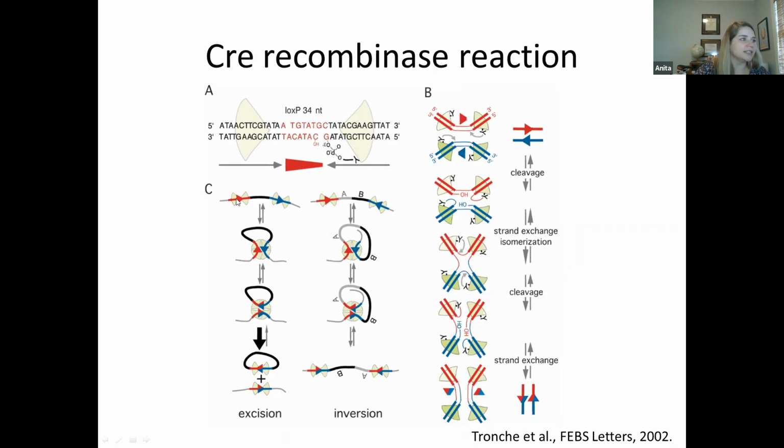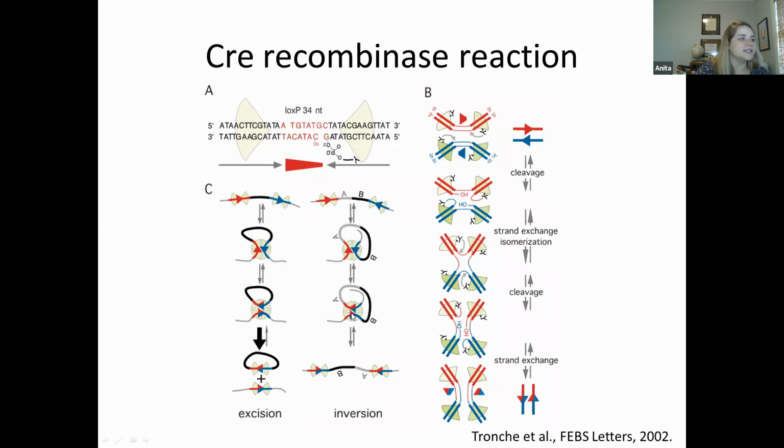So that's why you started with two, and in this case, for excision, you end up with one. One of them became a loop of excised DNA, and one of them now has a piece of each of the LOX sites. If you have them in opposite orientations, so one is pointing to the left, one is pointing to the right, it's going to cause a loop on this side such that the orientation is still the same as it was here.